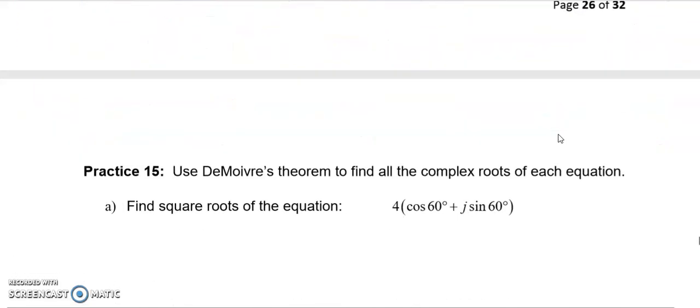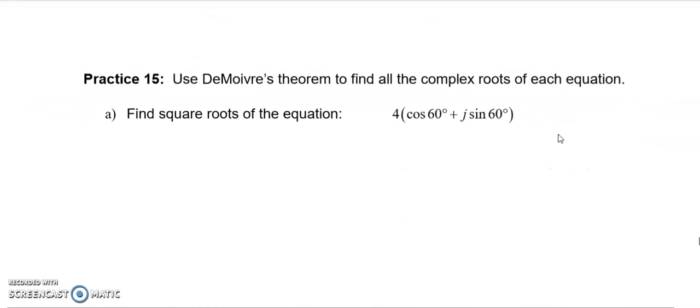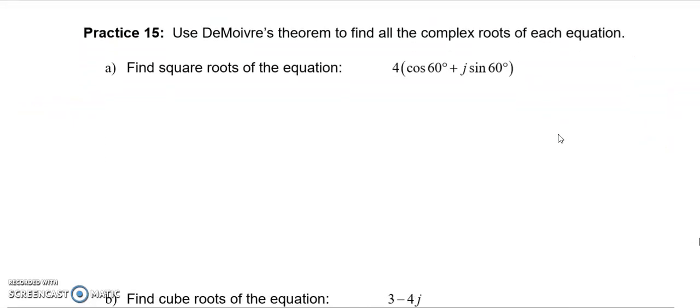I'd like to ask you for these practice questions, how many solutions or how many roots do you think each of these things are going to have? So on practice 15, page 27, part A, it says find the square roots of the equation. Well, there's not really an equation. It's just a number, just an expression.